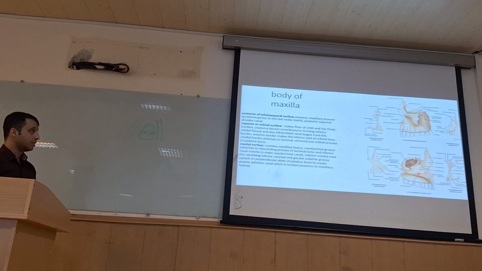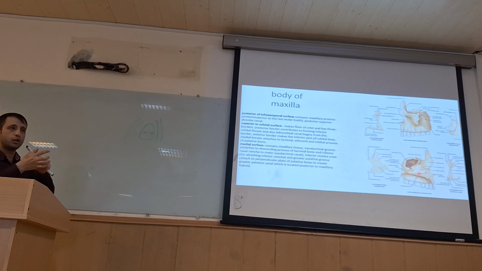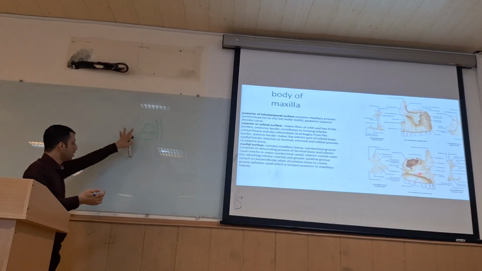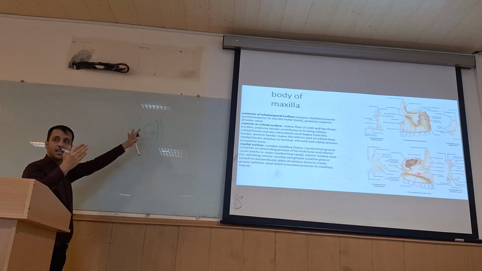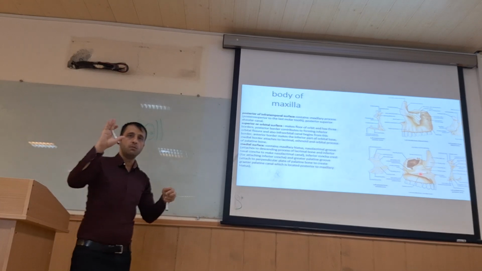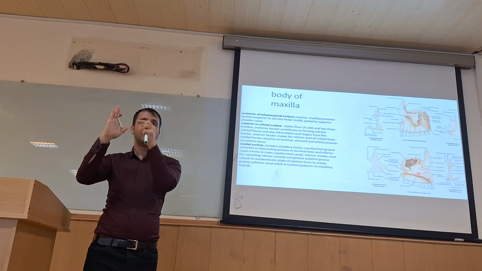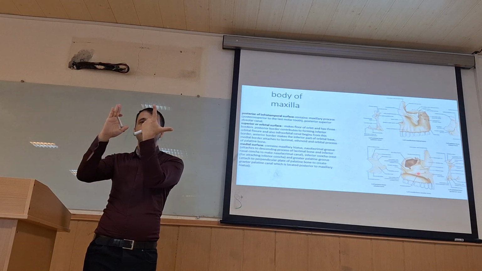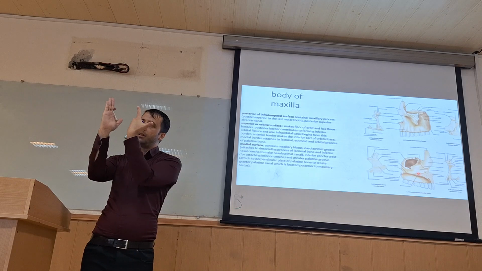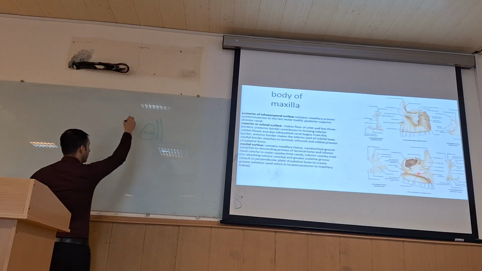I say that the perpendicular plate of palatine bone attaches here, attached to the medial surface of maxillary bone. Imagine that it is the medial surface of maxillary bone and it is the perpendicular plate. This perpendicular plate attached here. Okay? Attached at this area.